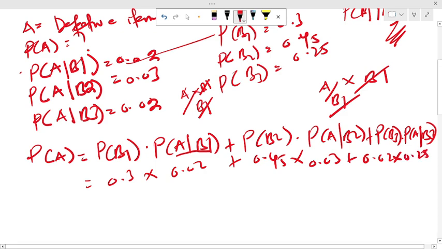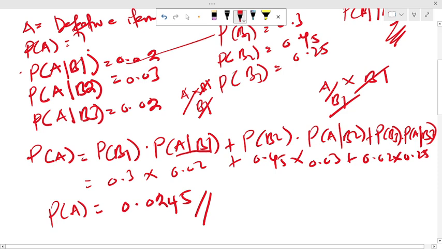Punching this on a calculator, our final answer for the probability of producing a defective product is 0.0245.